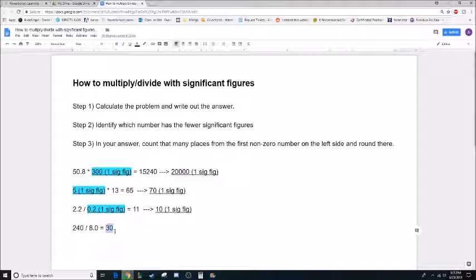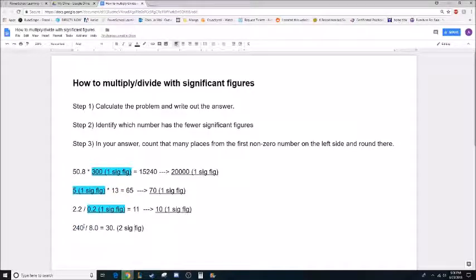So, what can we do to make it so it has 2 significant figures? Well, that's easy. We can just add a decimal, and that will make this trailing 0 significant. And now it will have 2 significant figures, just like these 2 numbers here.